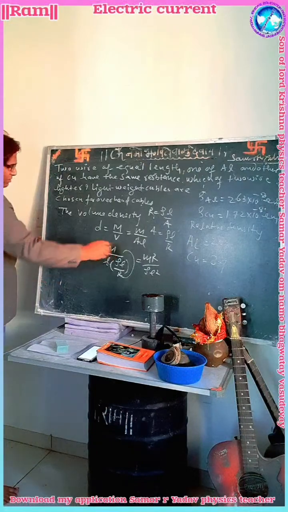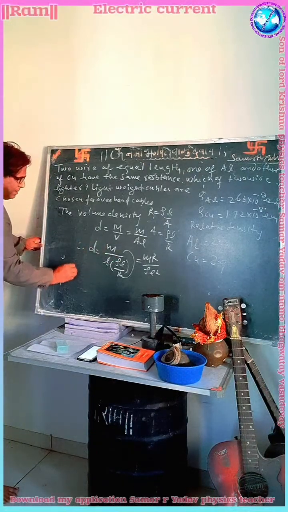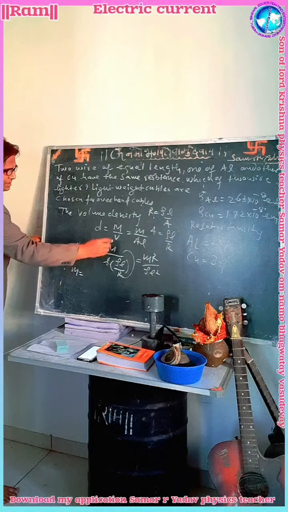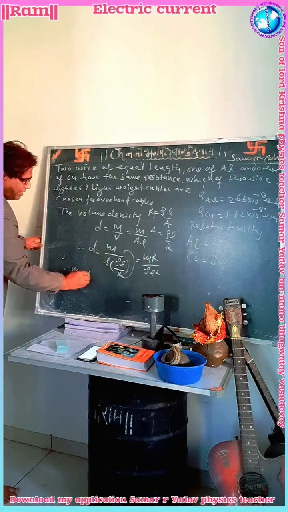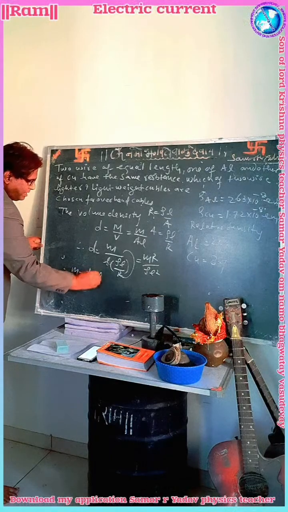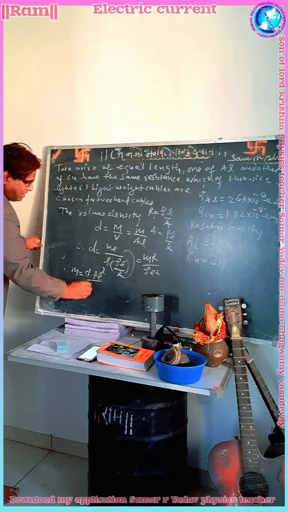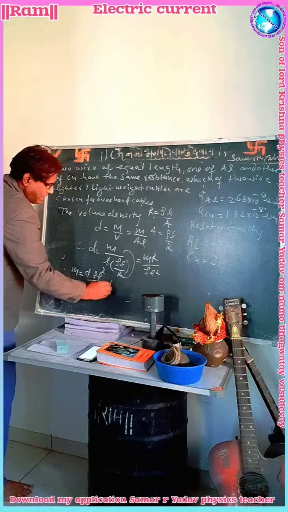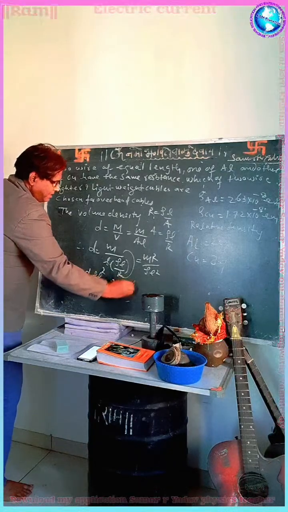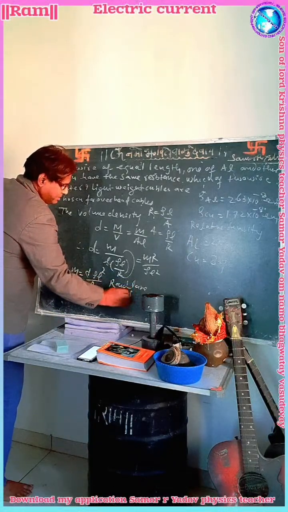Now we make the formula for M. Therefore, M is equal to D into rho L square upon R. But R and L are the same.